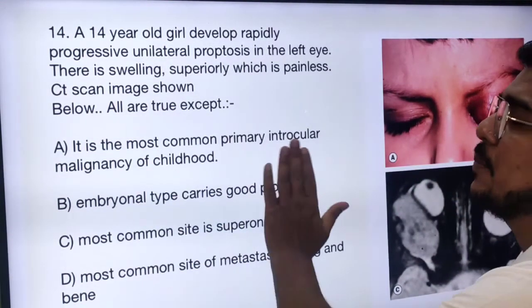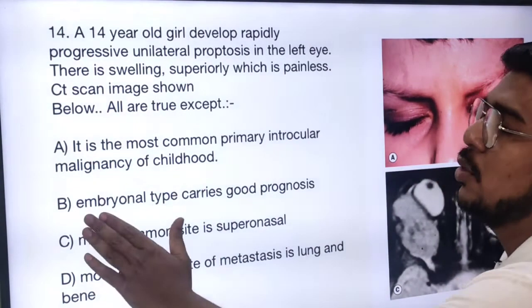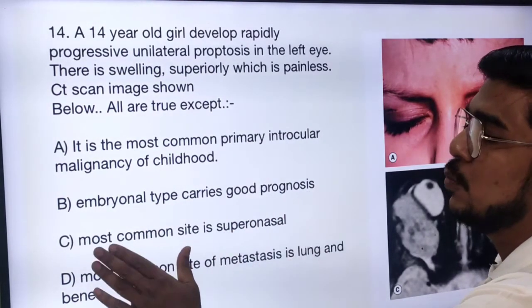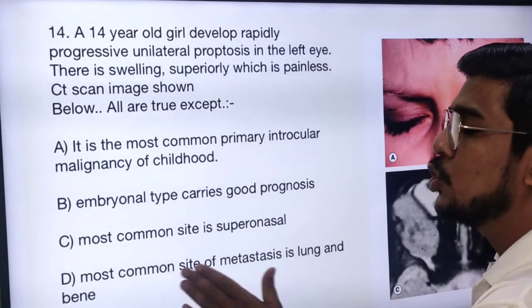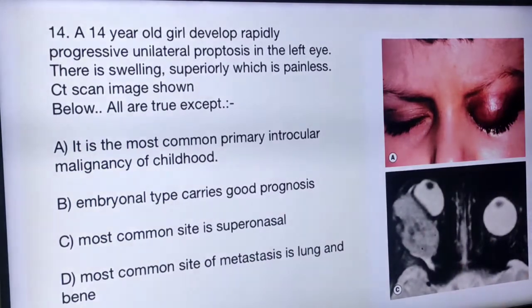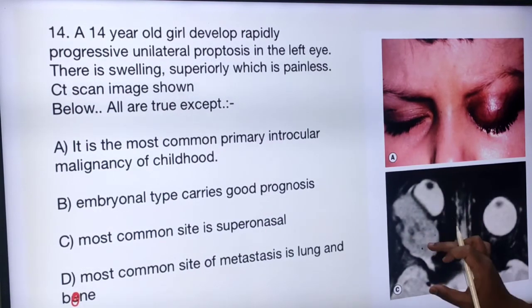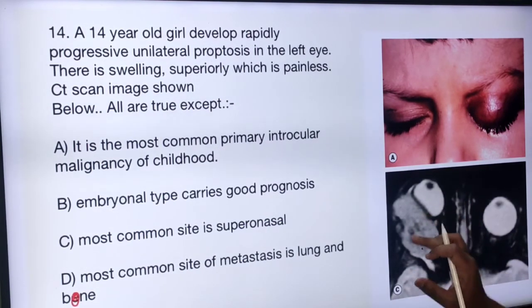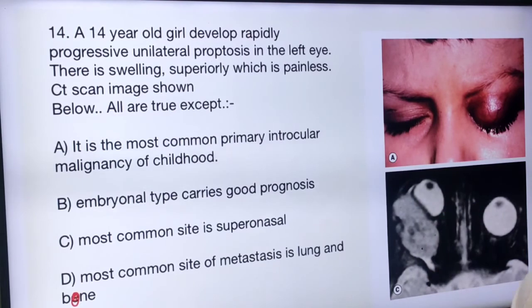It is the most common primary intraocular malignancy of childhood. Embryonal type carries good prognosis. Most common site is supranasal. Most common site of metastasis is lung and bone. What is the diagnosis? What is the most common thing that comes to your mind? What is the most common primary orbital tumor?